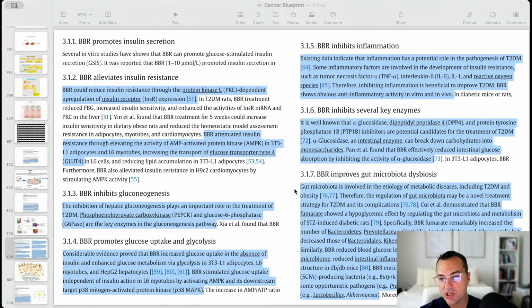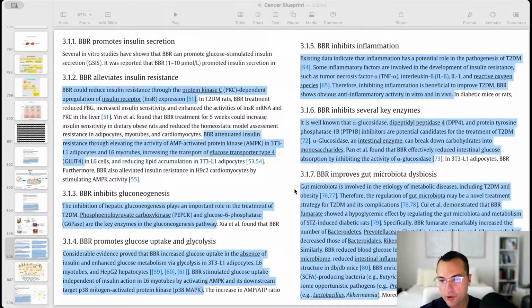Therefore, the regulation of gut microflora can be a novel treatment strategy for diabetes and its complications. It's been demonstrated that berberine fumarate showed a hypoglycemic effect by regulating the gut microbiota and metabolism of these diabetic rats. Basically, they use a particular chemical to induce diabetes in these rats.